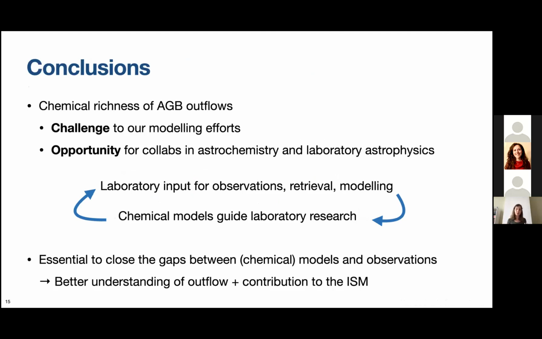We need input for observations, retrieval, and modeling, and we can provide them with a guide to laboratory research. These interactions are essential to close the gaps between our current chemical and other models and the observations. It's only by doing so that we can get a better understanding of the outflow and its contribution to the ISM.